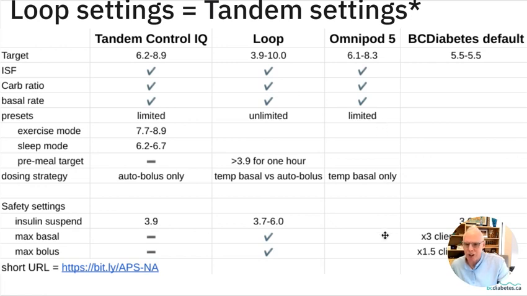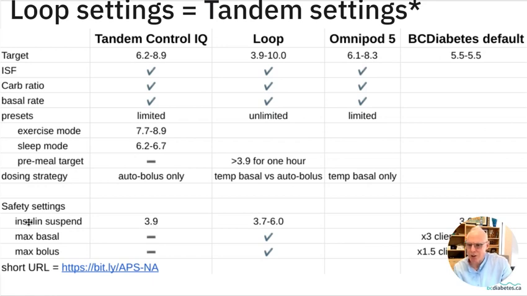In terms of dosing strategy, remember Tandem Basal-IQ had a temp basal only. Tandem Control-IQ has autobolus only. Loop offers either temp basal or autobolus, and Omnipod 5 only has temp basal. They do not have a microbolus every 5 minute correction.